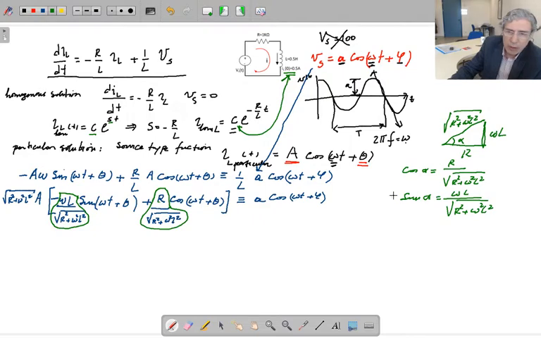Fine. So if I transfer it to this one, this is going to be sin alpha, and this is cosine alpha.